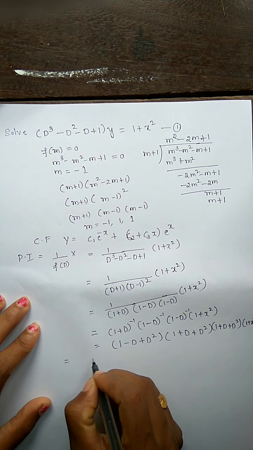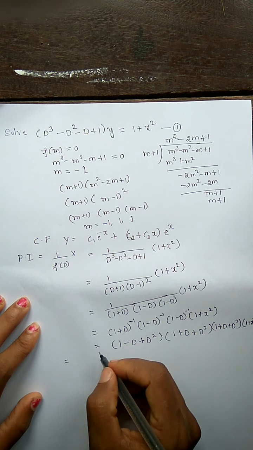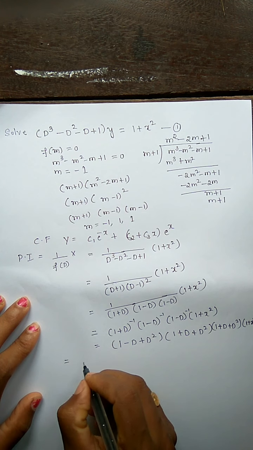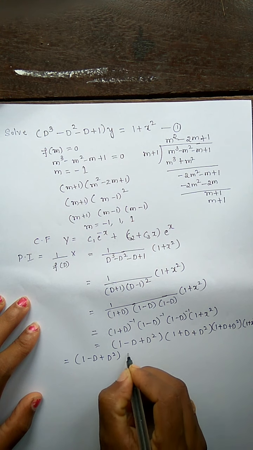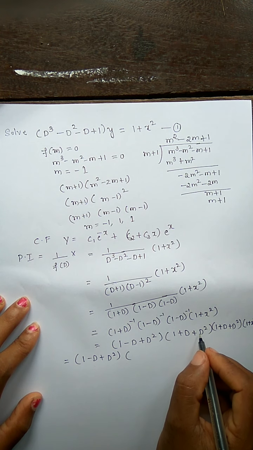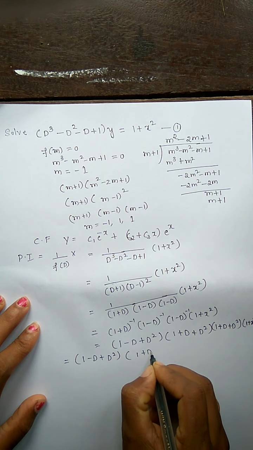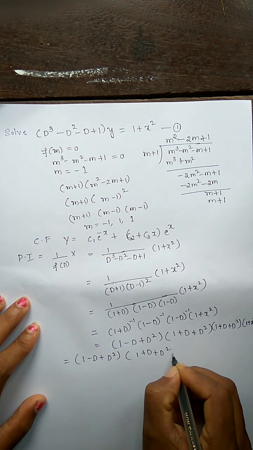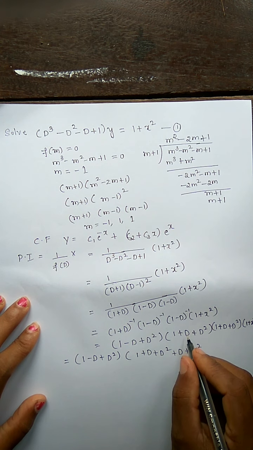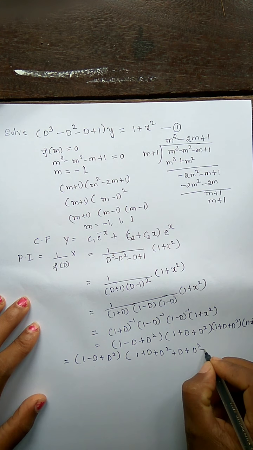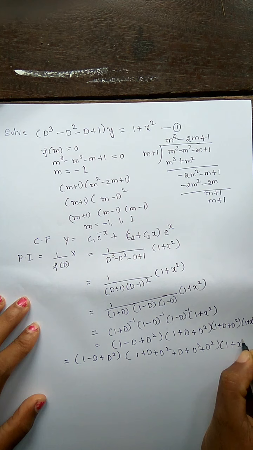Further simplify. I will keep 1 minus D plus D square as it is, and multiply these two. We obtain 1 into 1 plus D plus D square plus D plus D square plus D cube, and I don't want to write the D cube term, plus the second D square into 1 is D square, into 1 plus x square.